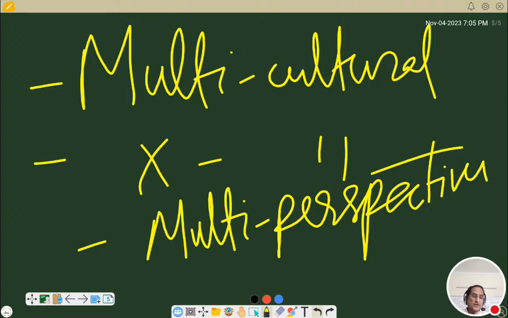So under the multi-perspectives, it will be important to include human behavior along with the cognitive processes, mental processes, internal processes also.